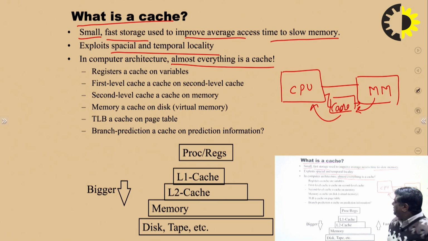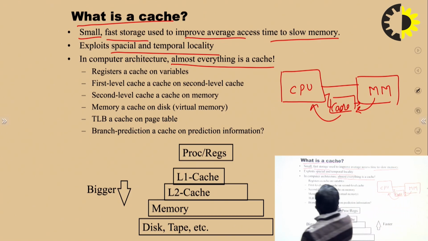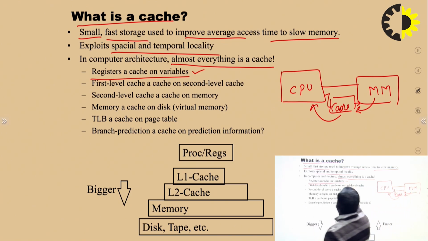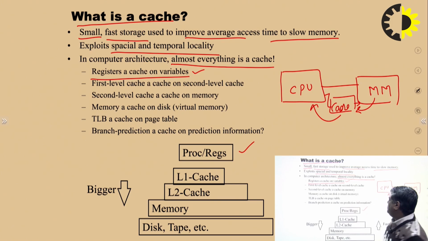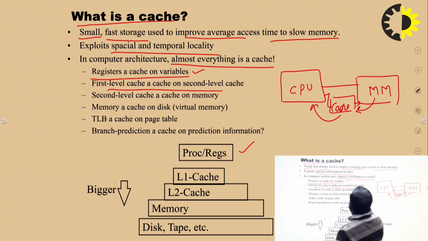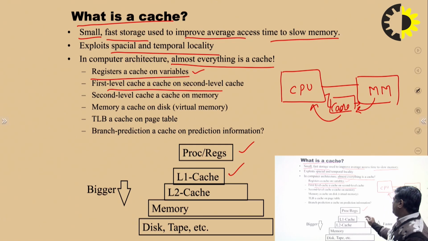Now, if we discuss the memory hierarchy, then the register is a cache on the variable. The fastest memory is known as the register or the flip-flop. Then there are two types of cache, L1 cache and L2 cache. The L1 cache is designed inside the CPU, and the L2 cache is separate, or built on the CPU.